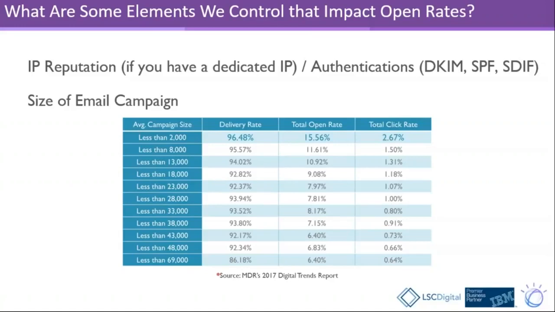And we found, especially when you're sending out large volumes of email, the smaller you made those campaign sizes, the improved engagement that you got. So it doesn't mean you can't send out a million email campaign, but we have seen a direct correlation. If you break those out over a few days, you will see better open rates because you're getting better delivery rates, you're getting better inbox placement, and that translates to better open rates.